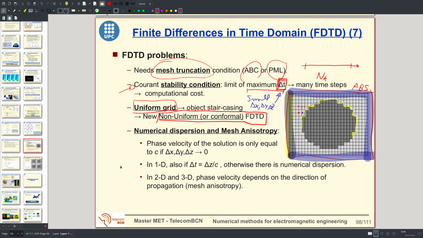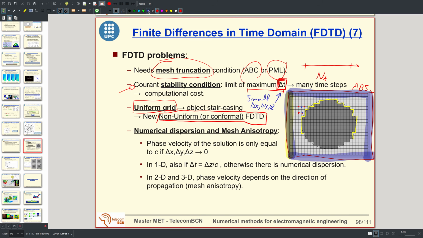There are a lot of names for this, but you just can imagine this finite difference time domain using a non-regular grid and with cells that can adapt very well to the geometry. These are the modern implementations that you find in commercial software.